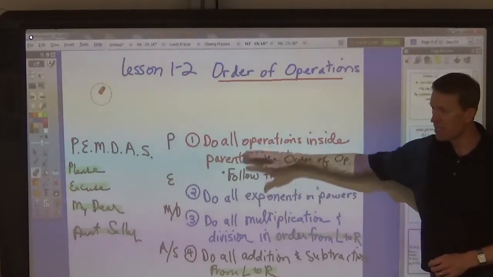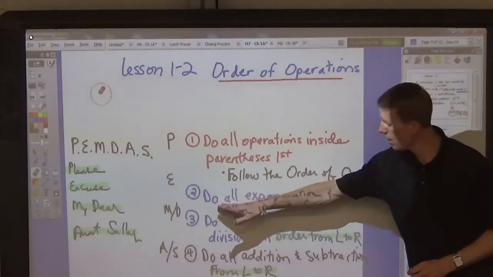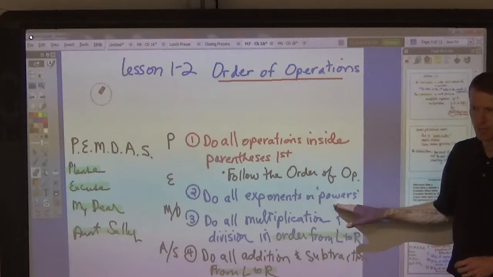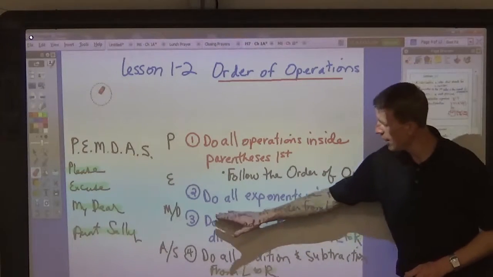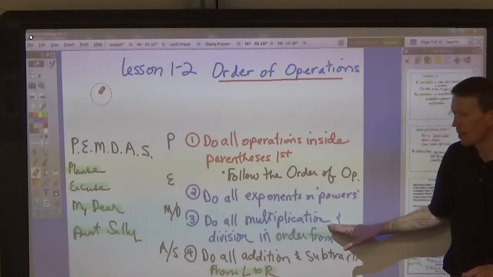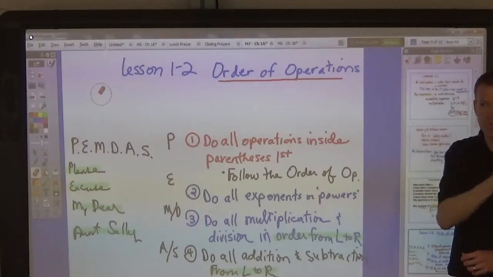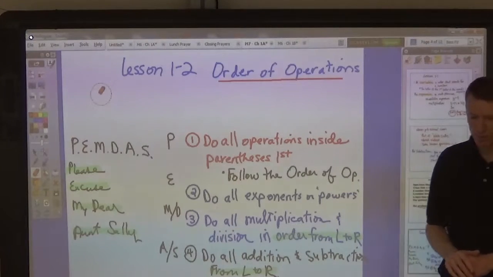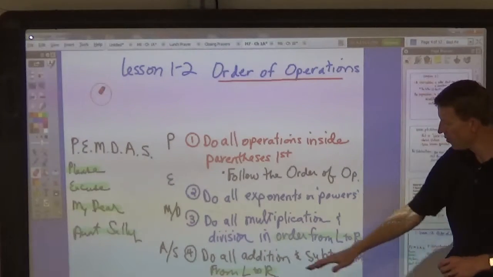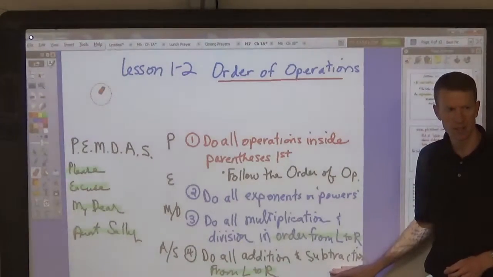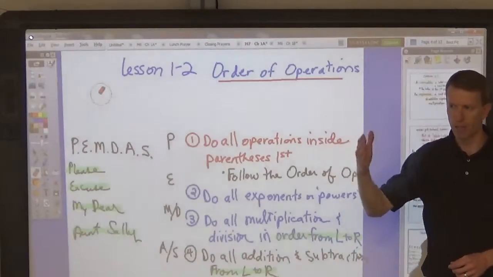Then once the parentheses are simplified, you go and do all the exponents. And then do all of the multiplication and division, and do that in order from left to right. And then do all addition and subtraction at the end. And do that in order from left to right.